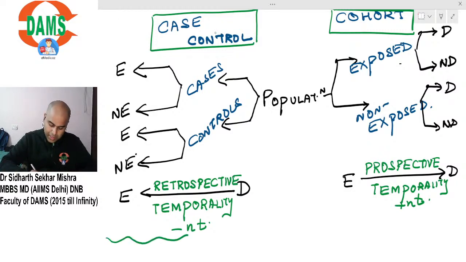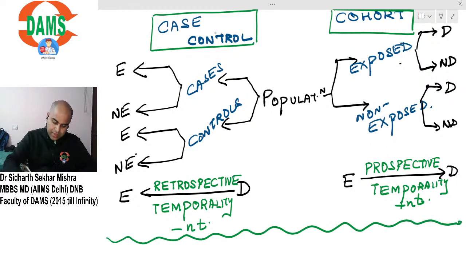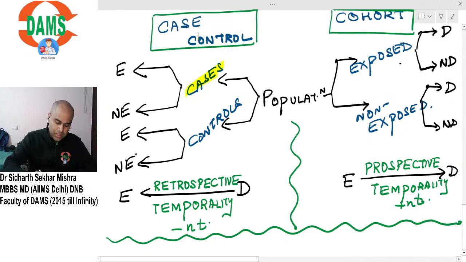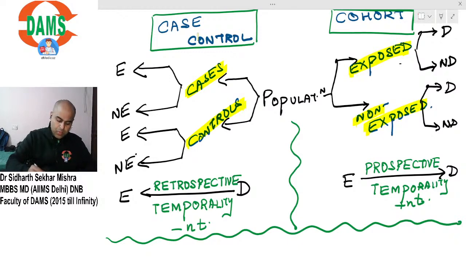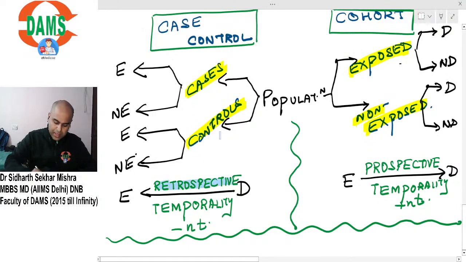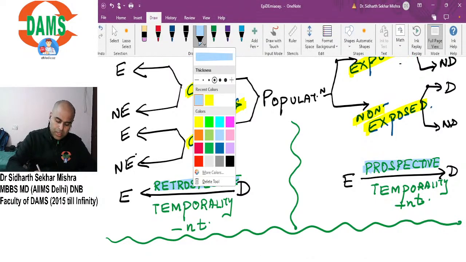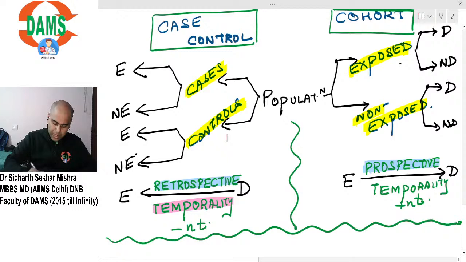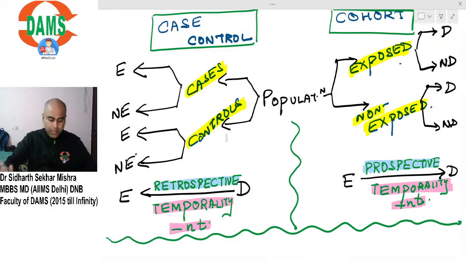Yes, guys, I hope everyone is clear with the differences. So the first difference was comparison of cases and controls, here it was exposed and non-exposed. Next difference was that one is a retrospective study, another is a prospective study. Third difference was that in one temporality is absent, and here temporality is present. I hope I'm clear till this point.